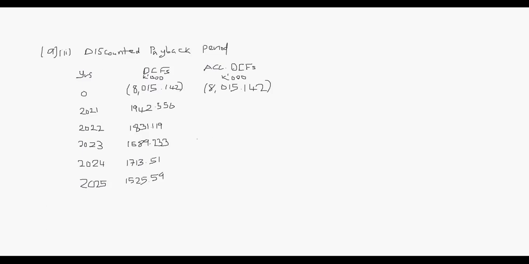So in 2021, the accumulated figure will be negative 6072.586. Remember the brackets, we are still in negatives.